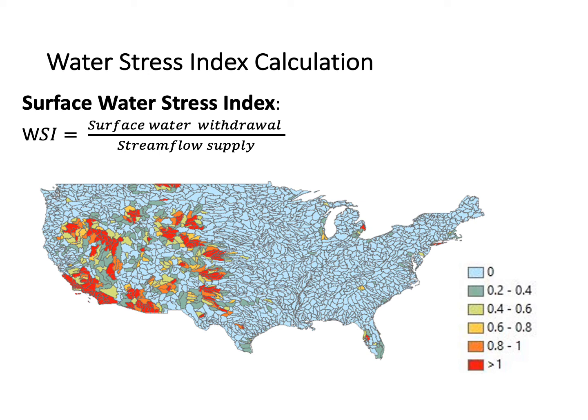Water stress index, also known as water scarcity index. From this map, you can see most of the water stressed areas are in the western part of the US, which is a combination of low runoff, low precipitation, and higher demand of water.